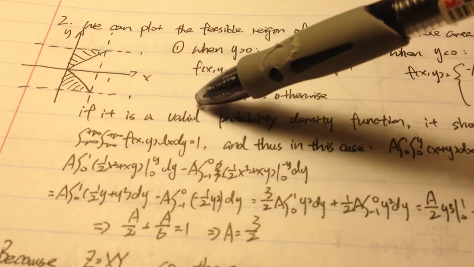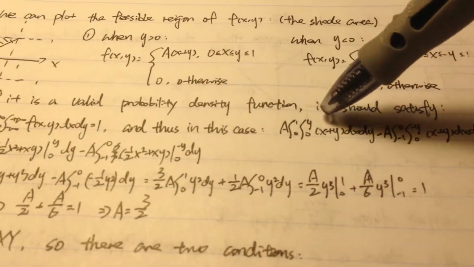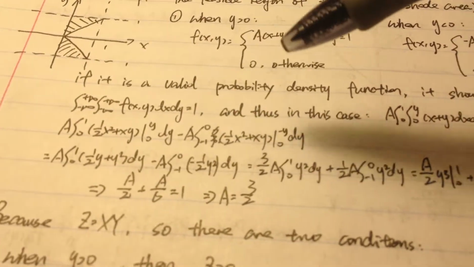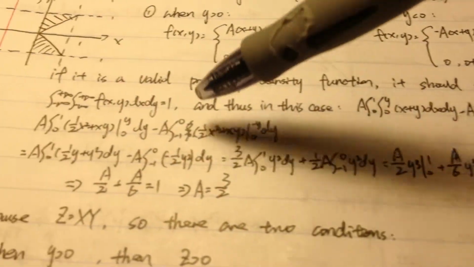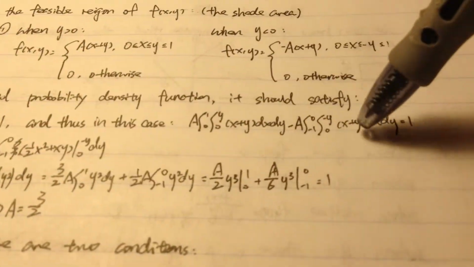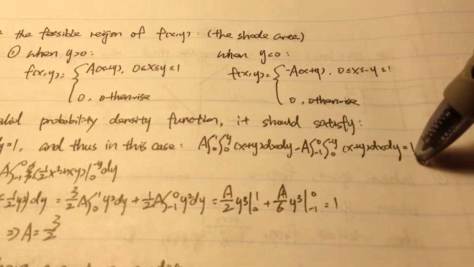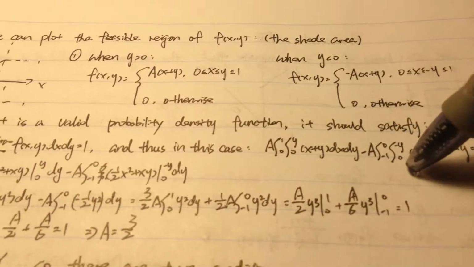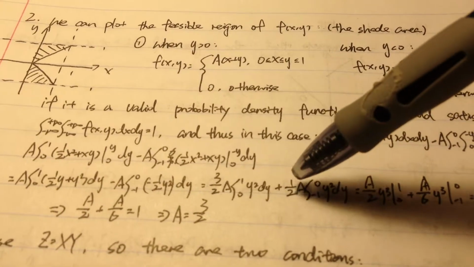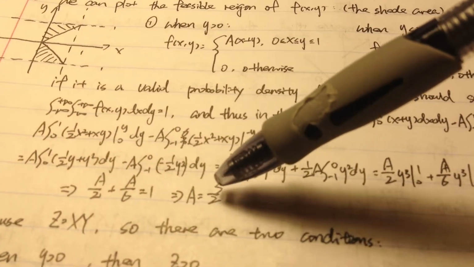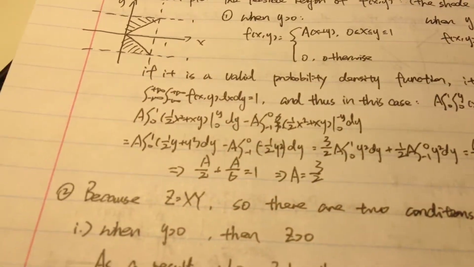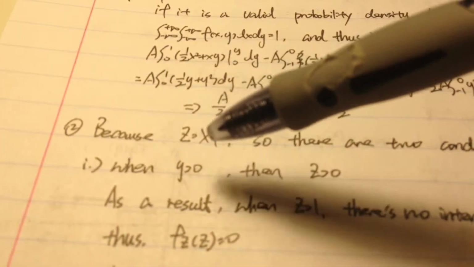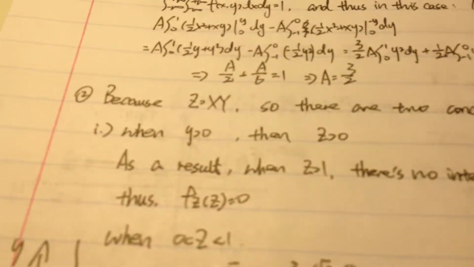If it is a valid probability density function, it should satisfy this equation according to the definition, so in this case we can rewrite this part into this part according to the joint density function of x and y, and after some steps we can know that a equals 3/2.